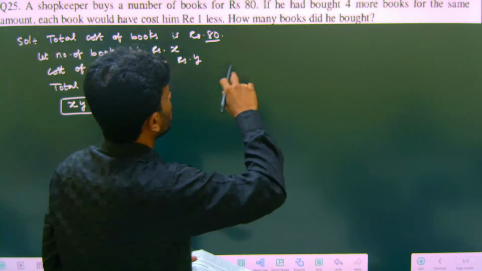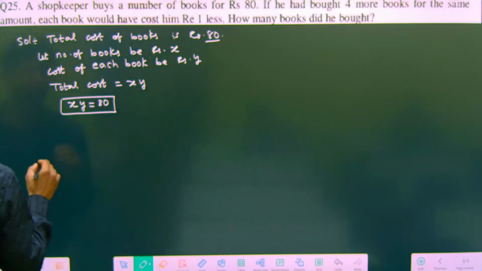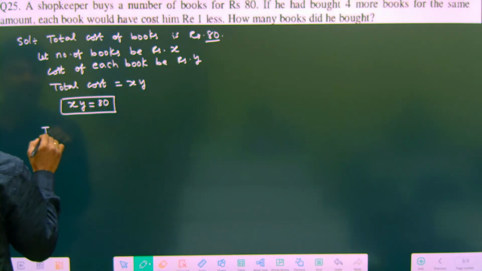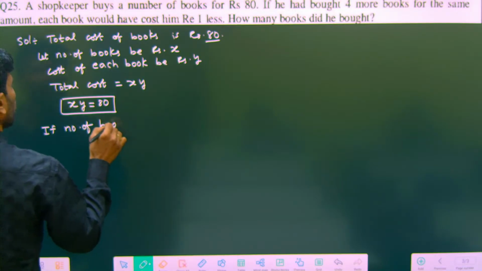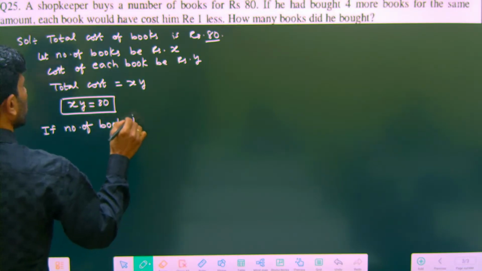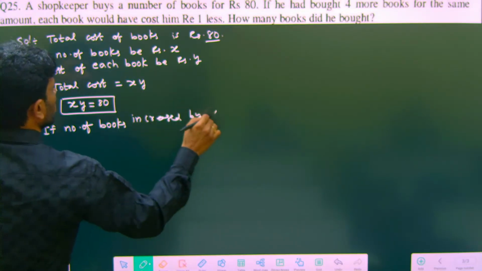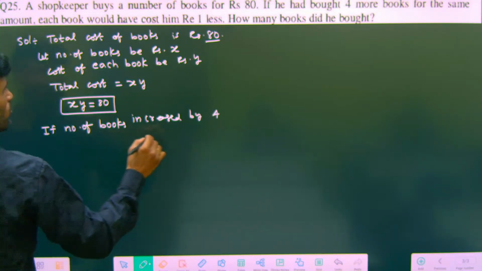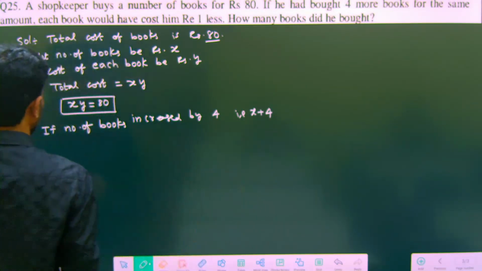In the second case, what happened? Number of books is increased. If the number of books is increased by 4, the number of books becomes x plus 4.